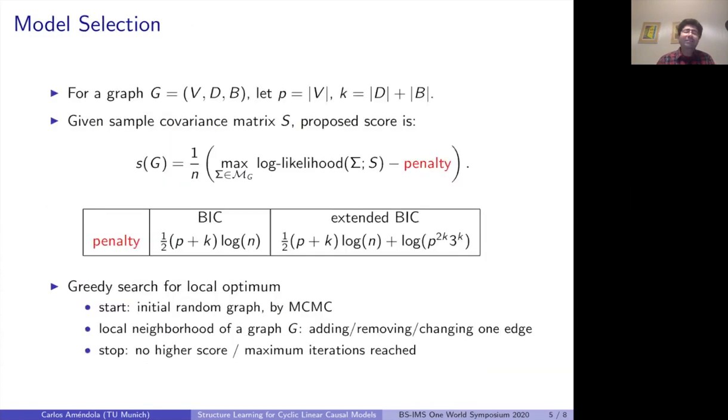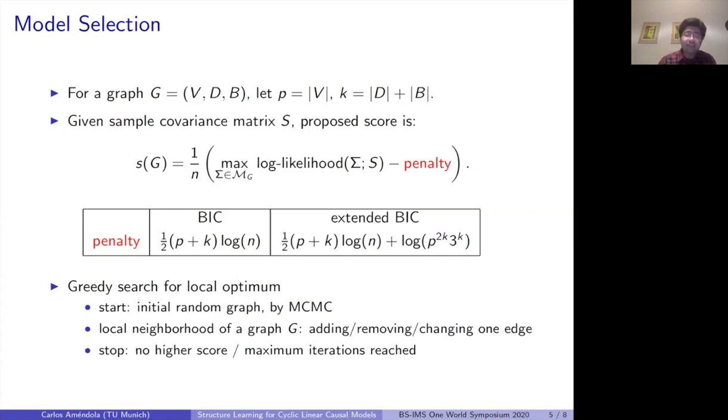To perform model selection, we propose a score based on the log likelihood and a BIC type penalty. We consider standard BIC and an extended BIC. The latter has an extra term and tends to find sparser graphs. Since the model space is huge, we use greedy search. It starts at some initial random graph generated by Markov chain Monte Carlo simulation.